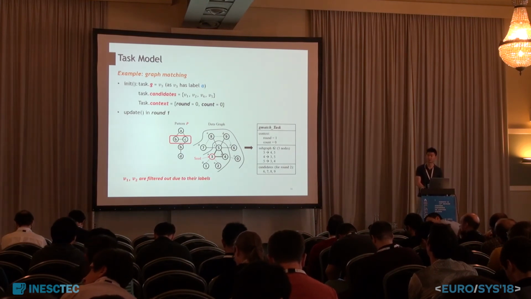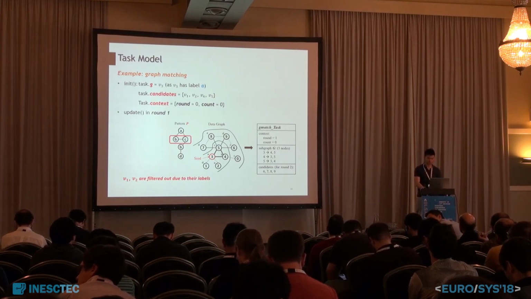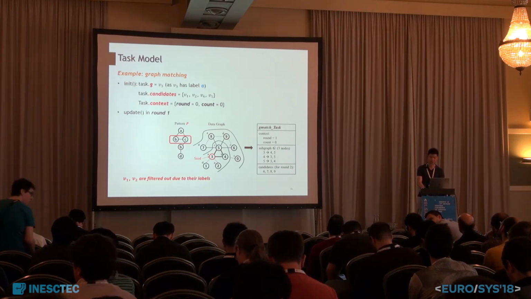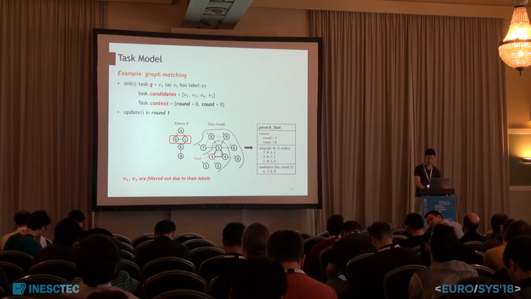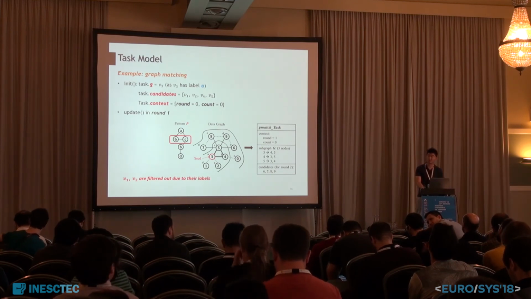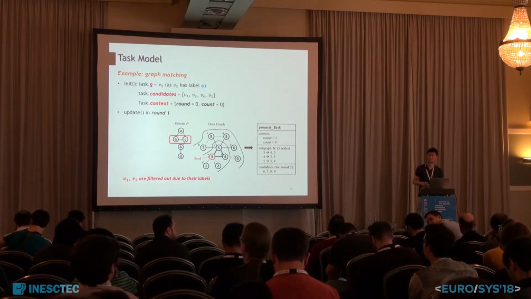So for each round, they will group one-hop neighbors, with some filtering functions, to find out the interesting vertices as defined by the specific graph mining algorithms. Because the context records the local states, we don't need to design any barrier amongst different tasks.